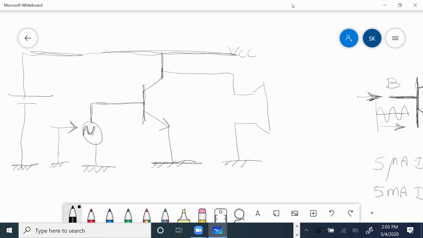This is actually exactly what we do. I'm going to connect the transistor this way. This is VCC.